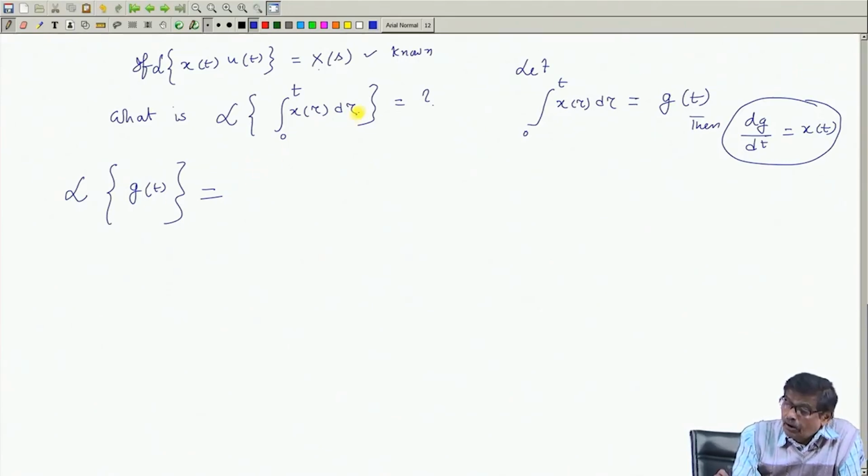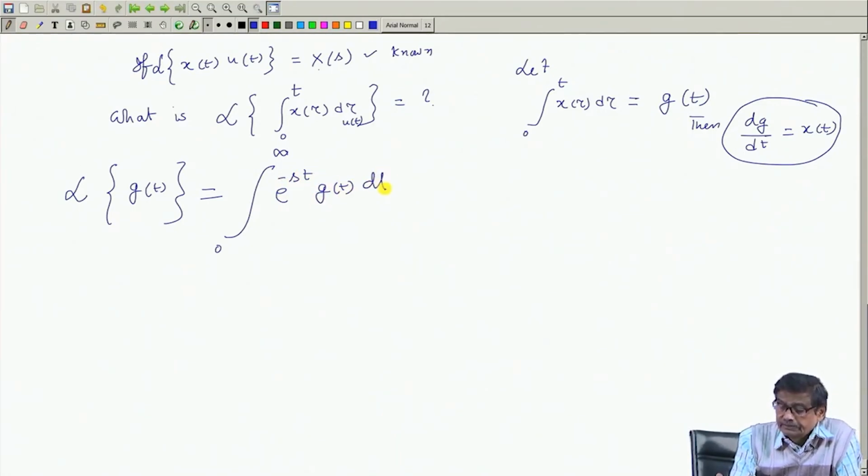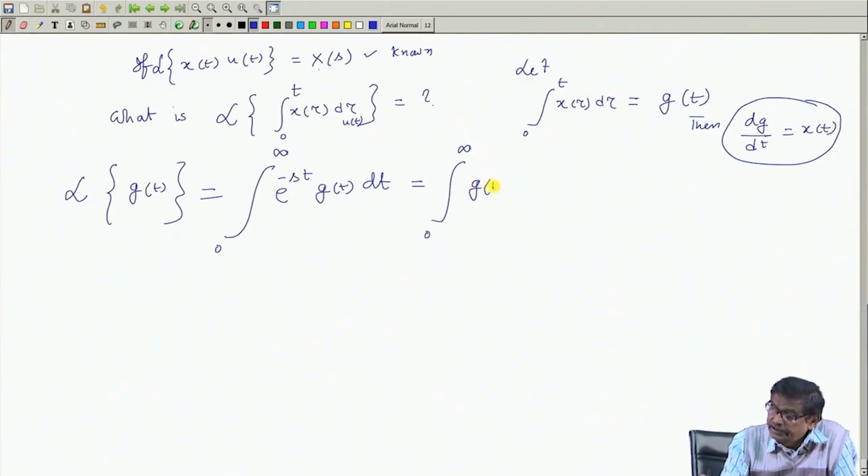Then g(t), and of course this is multiplied by u(t), that stuff remains, which allows me to integrate from 0 to infinity, and this is equal to the integral of e to the power minus st into g(t) into dt, is it not? Now here I will treat this g(t) as the first function and this as the second function and integrate by parts.